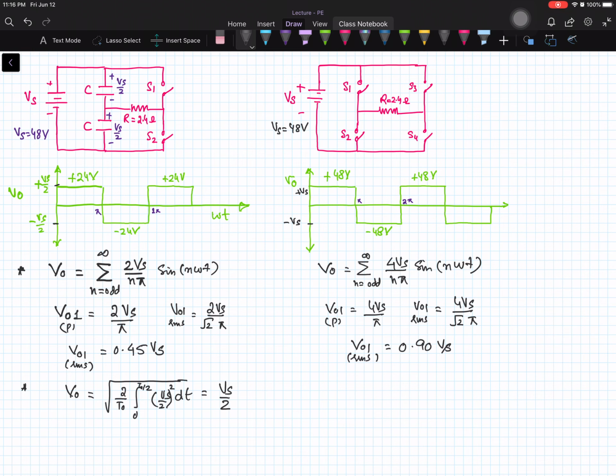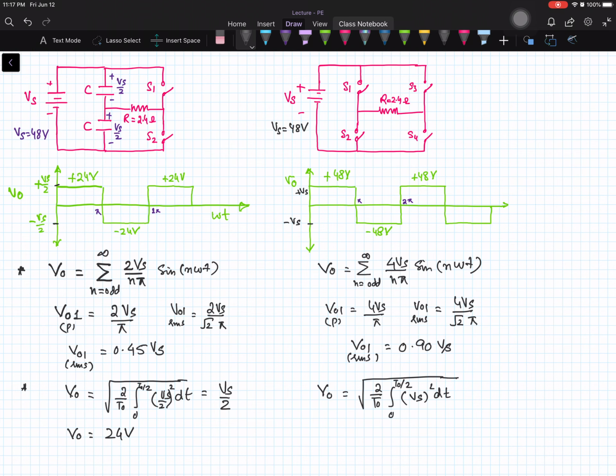So in this particular case, we will be comparing these two inverters by considering the same source voltage and the load resistance. So if we calculate the output RMS value, that will be equal to 24 volt in the case of half bridge inverter, and in the case of the full bridge inverter, if we apply the same expression, V0 will be equal to under root of 2 by time period integration from 0 to T0 by 2 of Vs square with respect to time.